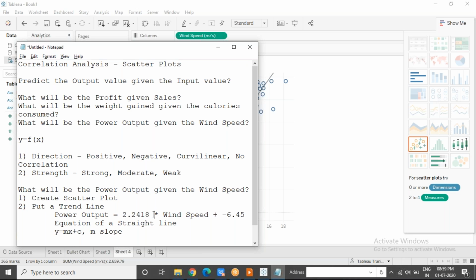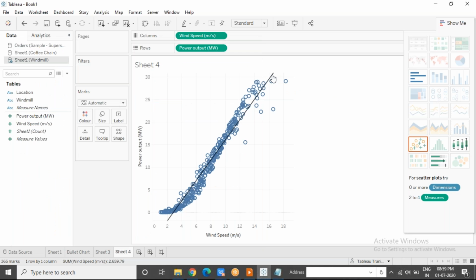If m is negative, the direction of the relationship is negative. And c is the y-intercept. Y-intercept means if I extend this line to touch the y-axis, the point where this line will touch or intercept with the y-axis is called the y-intercept.